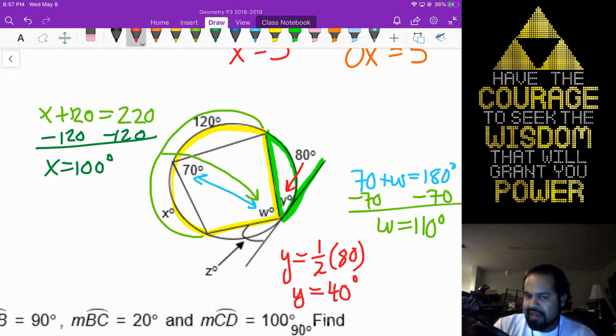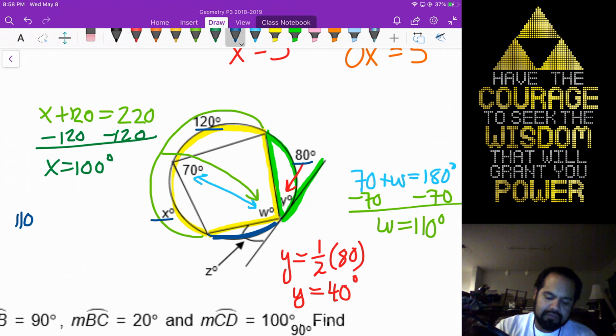Now z, we have a couple ways of doing this. One way is we could say the total outside of your arc has to add up to 360 degrees for the full circle. So we already have the 80, we have the 120, we solved for x earlier, so now we just need to solve for this arc here. So let's see, 110 plus 120 plus 80.